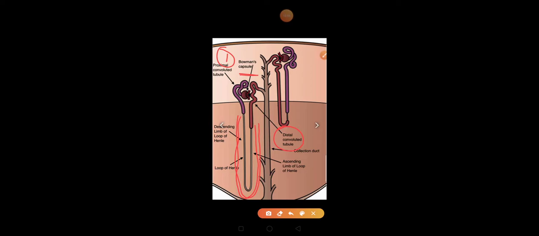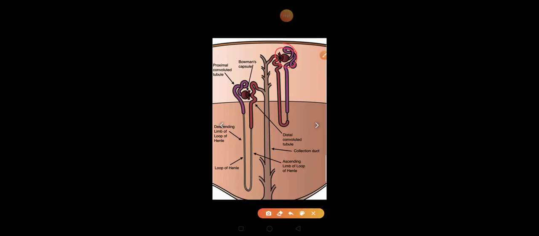Then from here you can see it enters into a long tube again, and that is called the collecting duct. So what is this collecting duct? This collecting duct will collect urine from different nephrons. That's why they have drawn many nephrons.